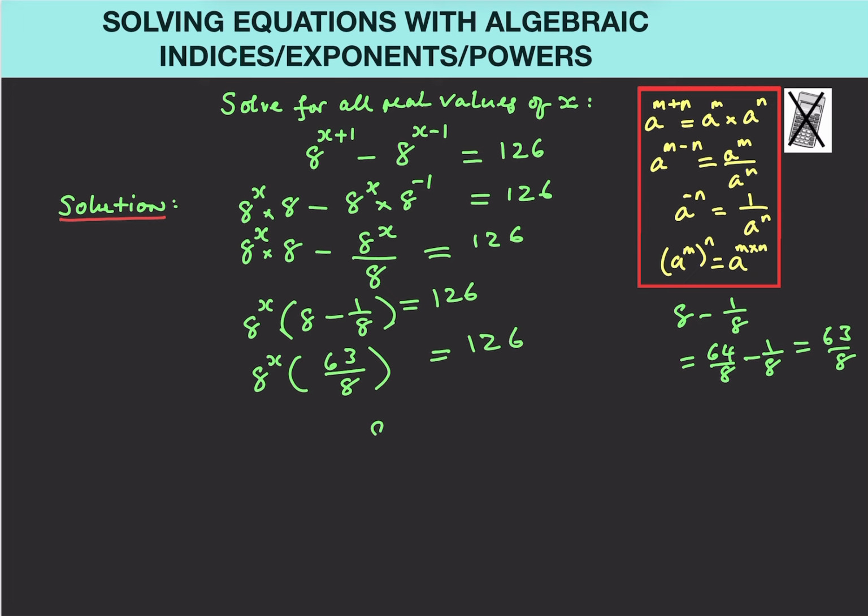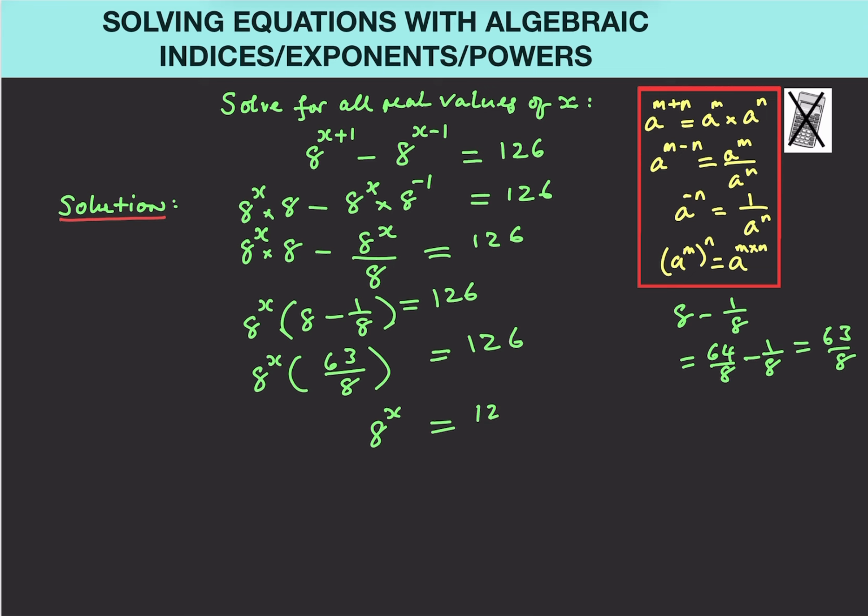Now to find 8 to the power of x, we need to multiply this side by 8 over 63 and this side by 8 over 63. That 8 will cancel, and so will that one, to leave you just ones there, which is a 1. Or if you prefer, first multiply by 8 and then divide by 63, whatever you prefer.